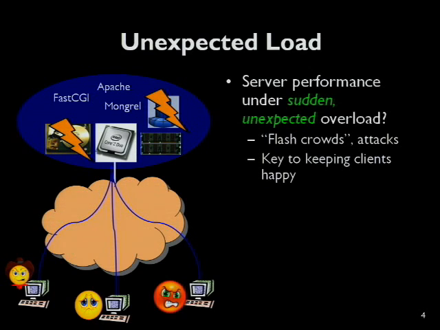These sudden increases can happen due to things like flash crowds, where there's a sudden interest in a particular piece of content, or due to attacks, or even due to planned events such as a web sale, right? And the inability to provide consistent performance under these sudden overload conditions, or at least to gracefully degrade performance under these conditions, could actually upset some clients, and they may go to your competitor.